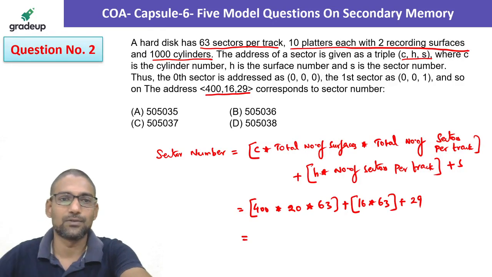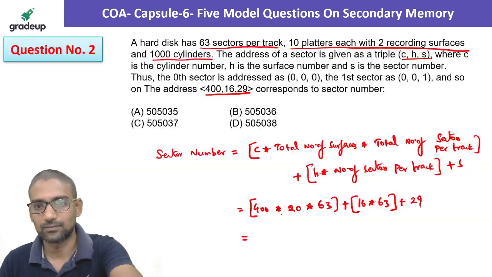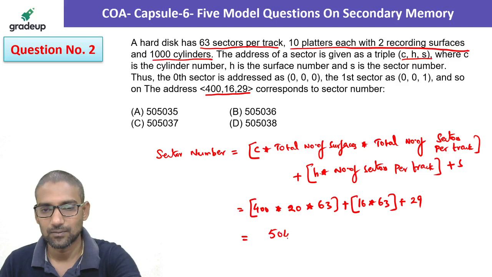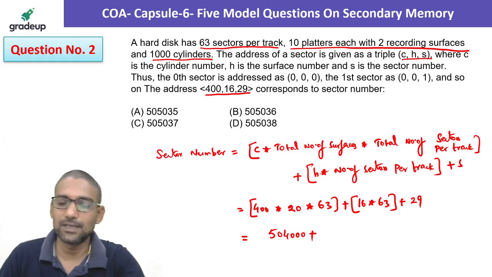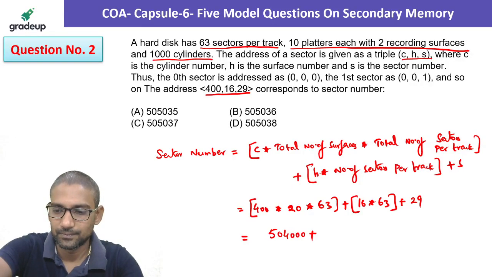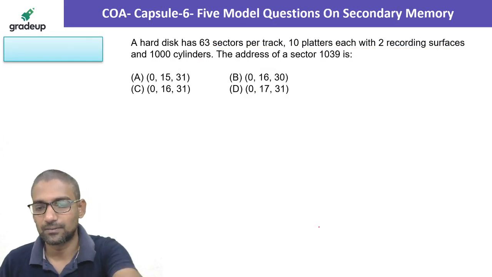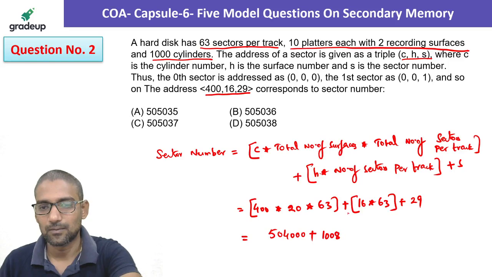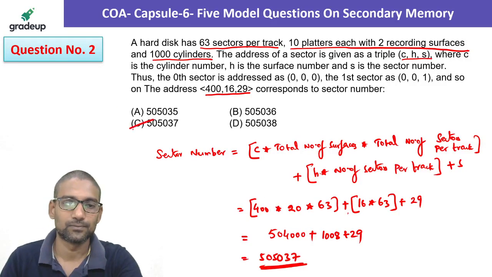That is 504,000, plus 16 into 63, 1008, plus 29. So this comes to 505037. Option C.